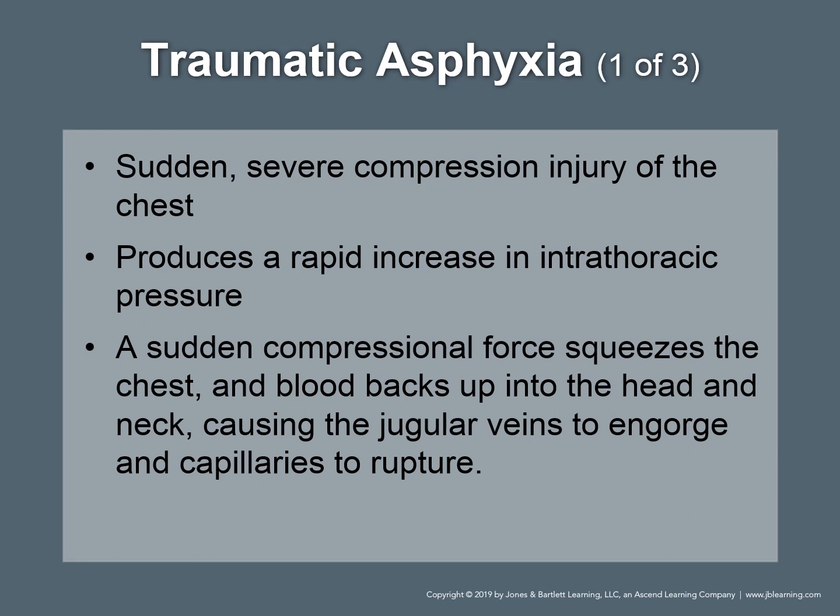The sudden compressional force squeezes the chest, and blood backs up into the head and neck, causing jugular vein distension, engorged vessels, and capillary ruptures. These patients will be purple from the chest up, and I've seen it so severe that their eyeballs have been bulging and popping out of their head, and even seen blood coming from the ears and the nose.